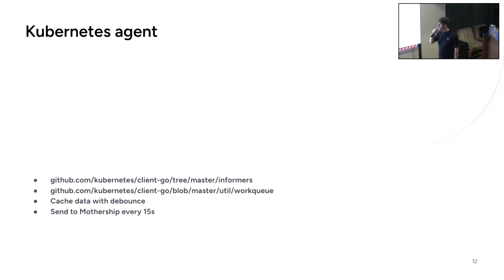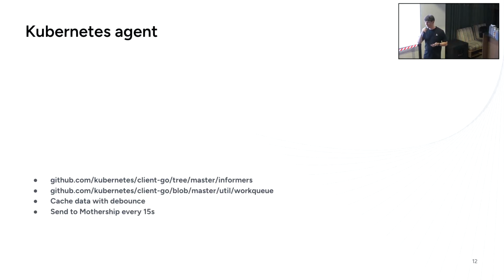Okay, so what do we use there? First of all, we use the informers package from the Kubernetes Go client. The main idea behind it is to just provide CDC capabilities for Kubernetes. Almost all Kubernetes controllers use this. Basically, what it does is list a certain resource.